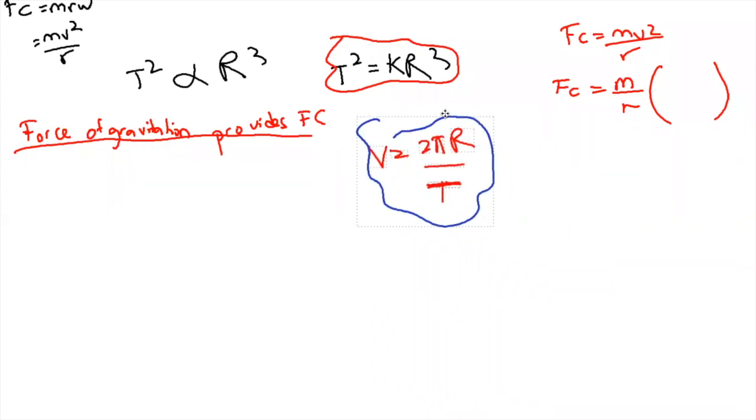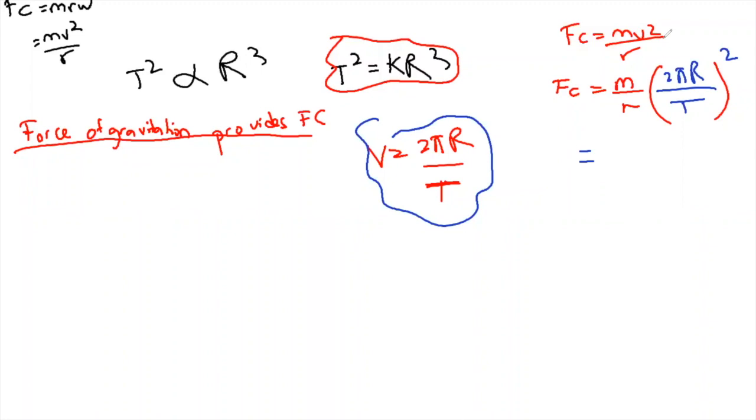Okay, so I am going to substitute this into this. Now it's going to turn into 2 pi r divided by time, squared. Now, can anyone tell me what I am going to get? Okay, now you guys tell me, what am I going to get here? What's going to be my Fc now, when I square all of this?